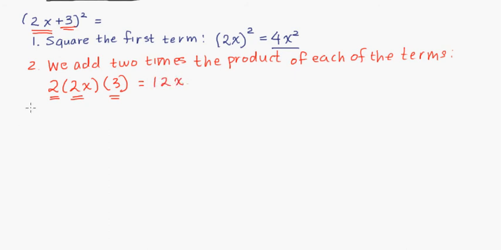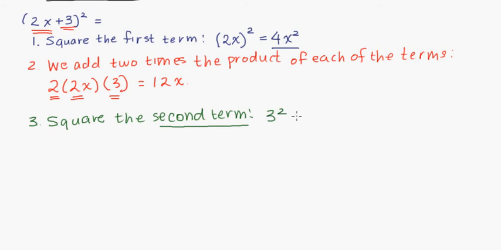Finally, square the second term. So that's just 3 squared. Okay.